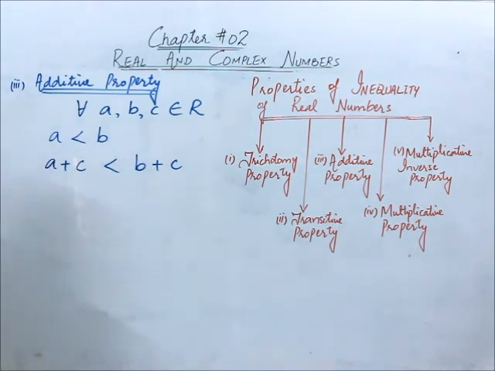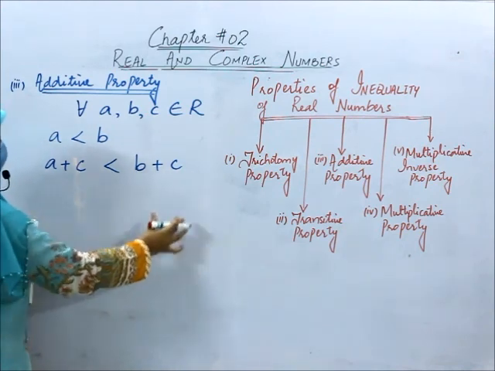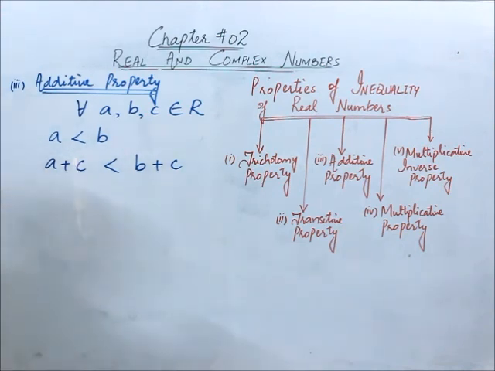Fine? If a number is added on the left side, the same number would be added on the right side of the inequality. This is called the additive property of the inequality of real numbers.